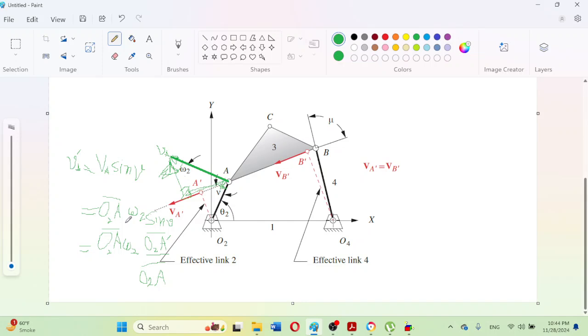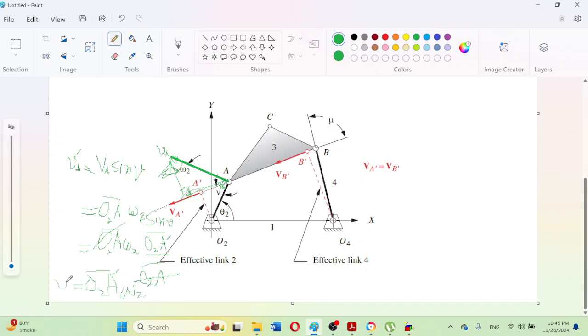As we can observe, this O2A will be cancelled out with this O2A, so only O2A dash into omega 2 will be left.